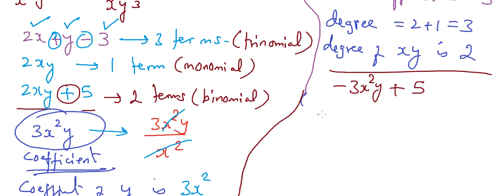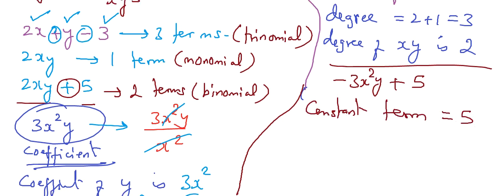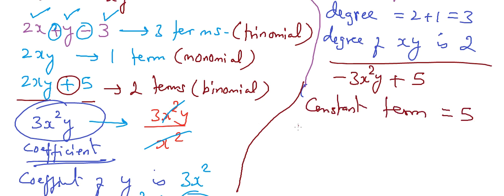So 5 is called a constant term. So in this case the constant term of this polynomial is 5, and the degree of a constant term is 0.